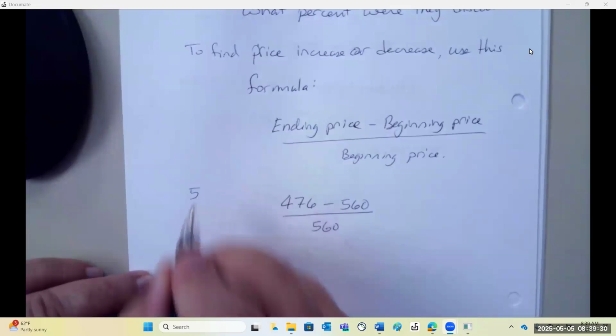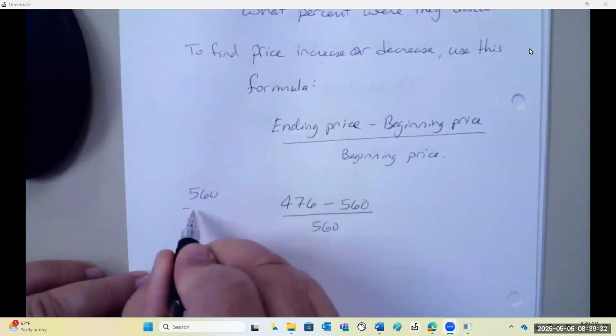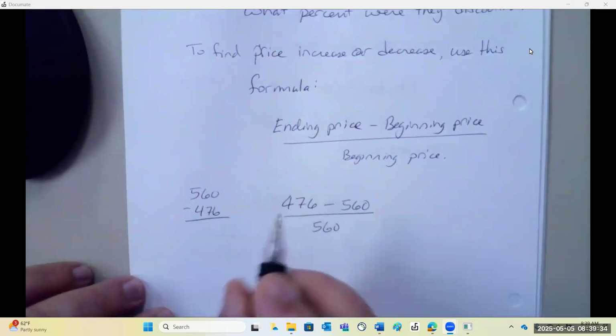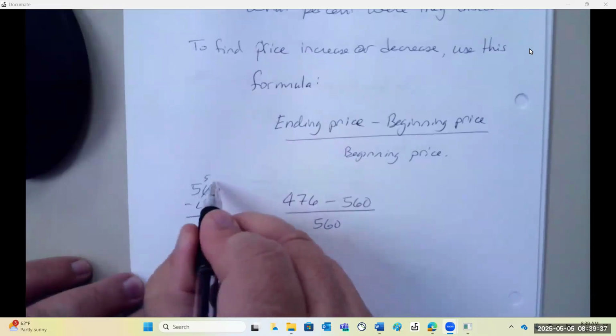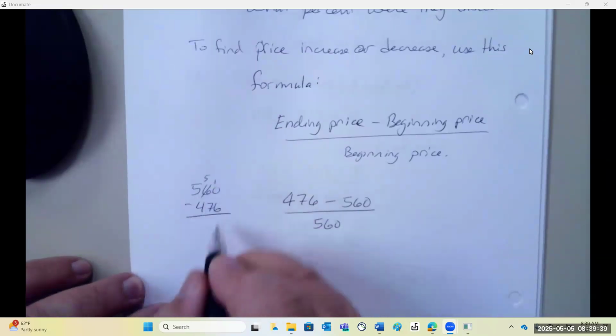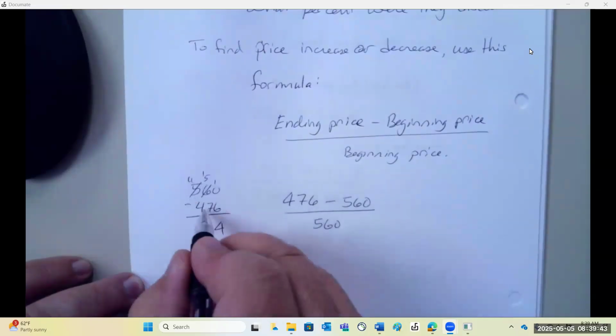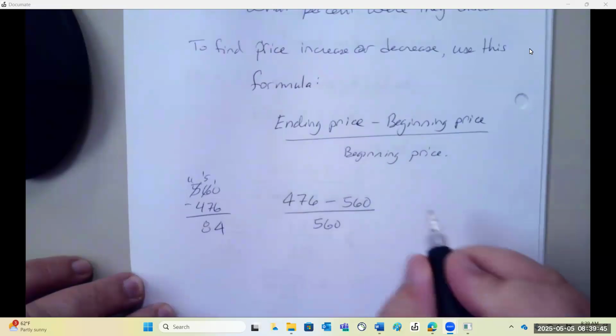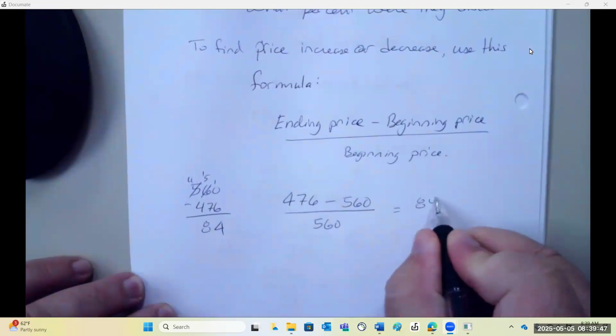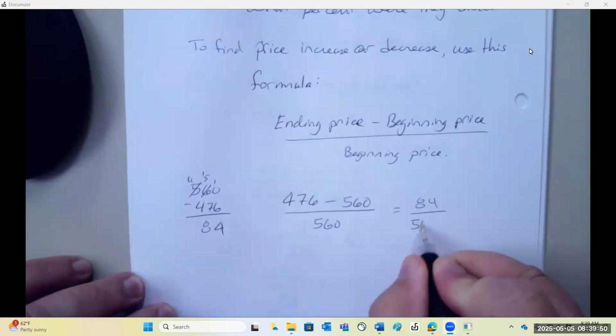So what is 560 minus 476? Borrow one, so 10 minus 6 is 4. Can't do that. So 15 minus 7 is 8. So it's 84 over 560.